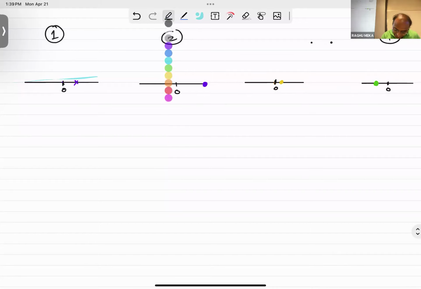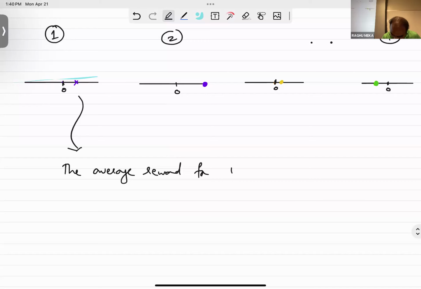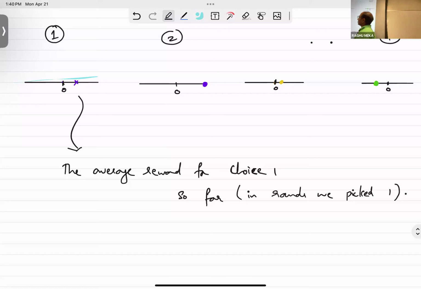This is just the average reward for choice 1 so far. In rounds where we picked 1, the average is only computed on the rounds that we picked 1. Otherwise, we don't have any information, so we don't take that into account.